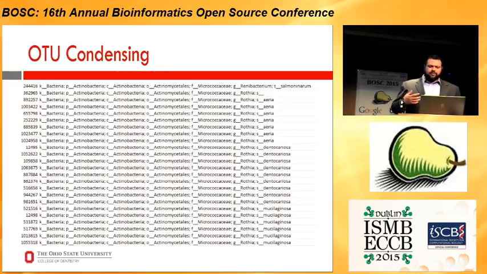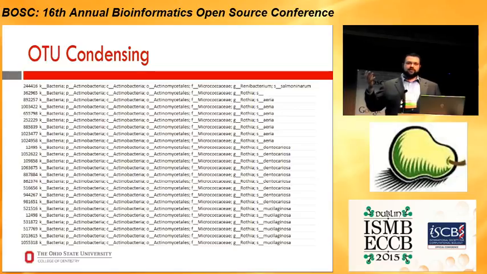The other problem that we noticed with QIIME, especially with species-specific analysis, which we do a lot in the oral microbiome, is that QIIME tends to give you these OTU results with 50 different versions of Strep mitis or something, which can be useful if you're interested in different subtypes of bacteria. But for certain visualizations, it's better if we only consider one of those per entry.